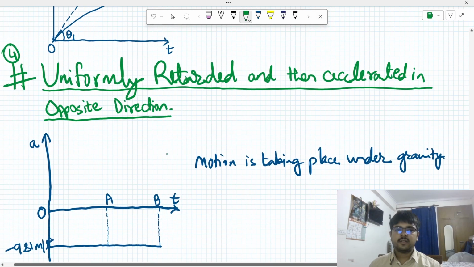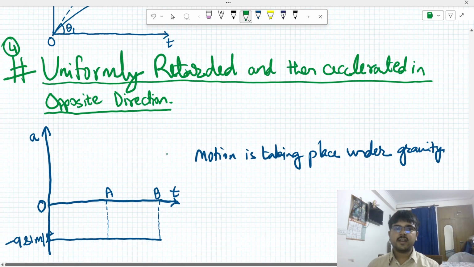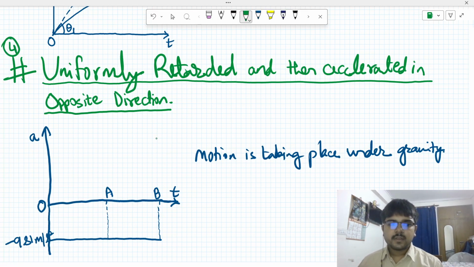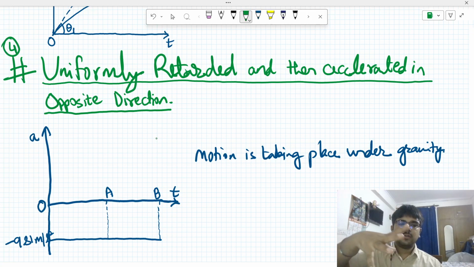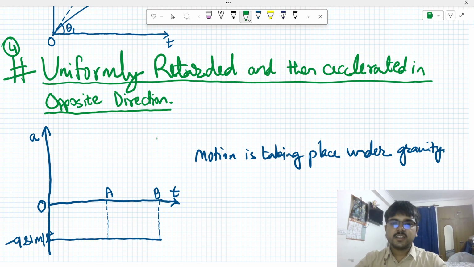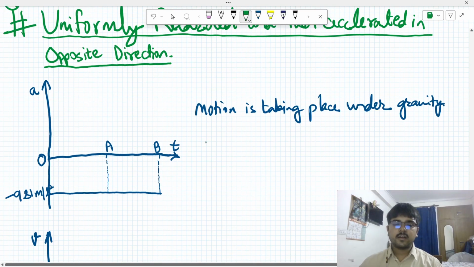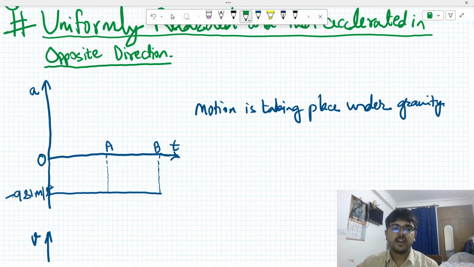Now, uniformly retarded and then accelerated in the opposite direction. This is the fourth case. An example of this is, suppose I take a ball and drop it down on the floor. What would be the acceleration acting on it? It would be gravity, an acceleration of 9.81 meter per second square in the negative direction.